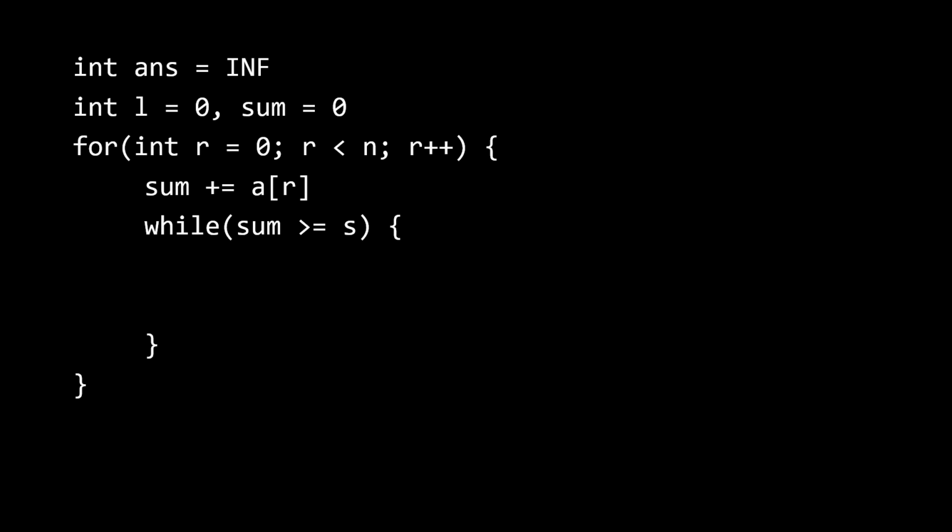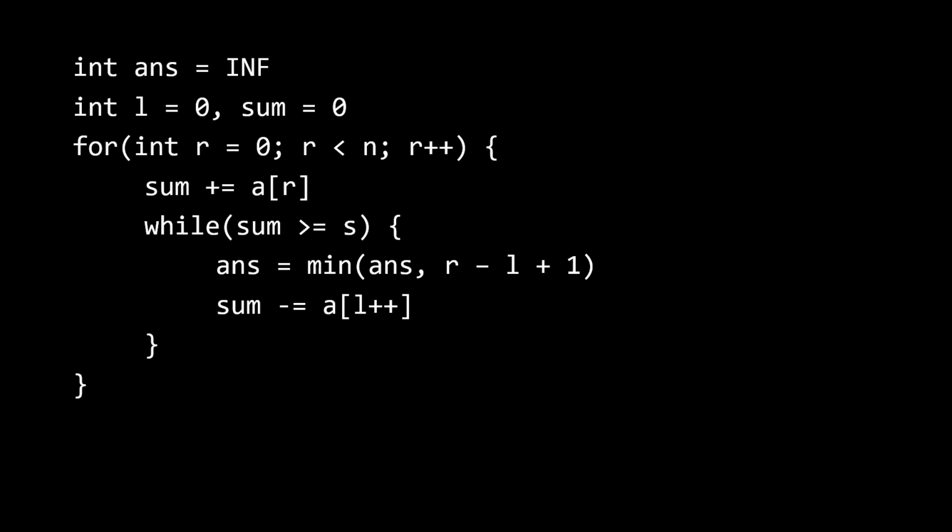Let's shrink that subarray as much as we can. First, we're going to calculate the smallest subarray size. The way we're going to do that is we're going to say answer is equal to the minimum between the current answer and this current configuration, is it better than the previous answer? The current configuration would be r minus l plus 1.